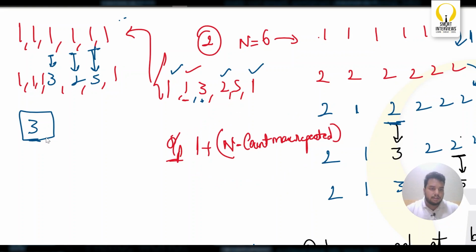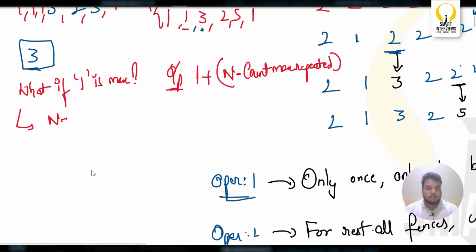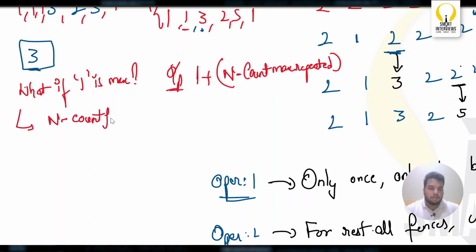So you can handle this edge case of 1. The edge case: what if 1 is the max? We can handle this simply by n minus count of 1, directly.